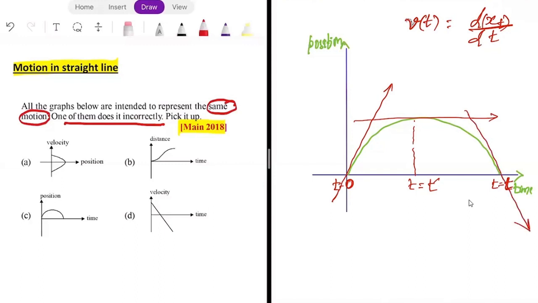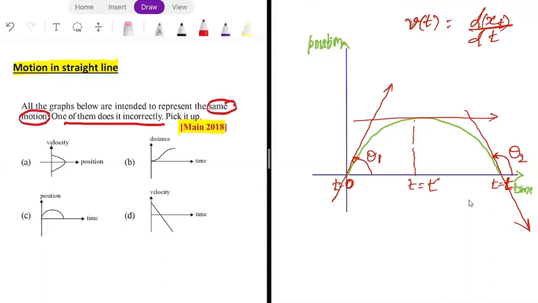Let's look at the thetas around it. This is theta 1, this is theta 2, and the tangent at t prime is making 0 degree with the time axis. So let's now enumerate the instantaneous velocity at these three time instances.